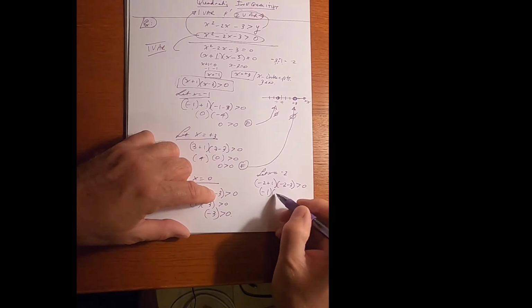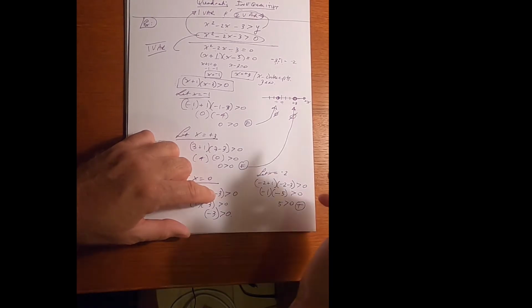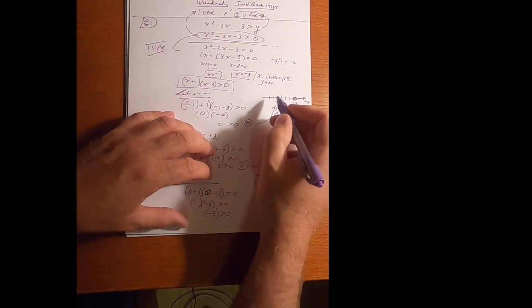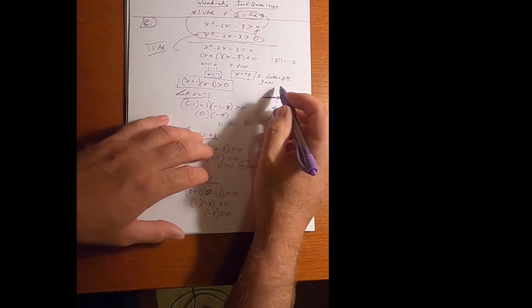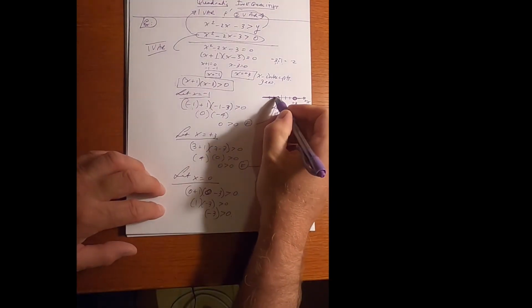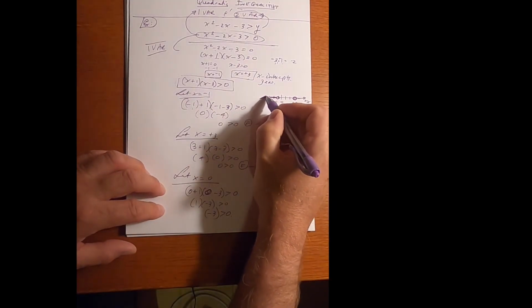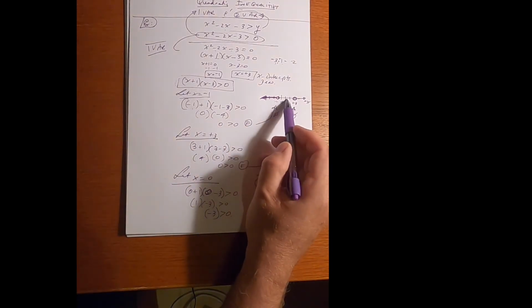And then you have -5. So it's 5. Is that greater than 0? Yes, this is greater than 0. So the solution lives over on this side. And by the way, it's going to keep going over that way. So I'm going to fill it in with a bold line and a big arrow. Okay, so there you go. We have a solution over here, no solution here.